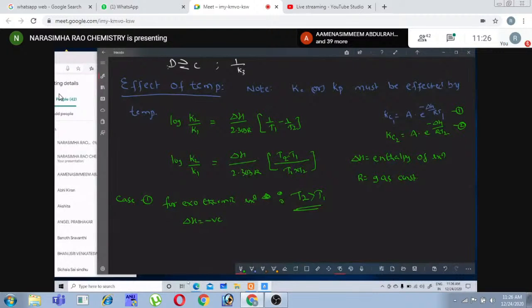Delta H is negative, so the whole term is negative, that is, less than 0. Then log K2 by K1 is less than 0. It's clear. Now, children, observe this one.